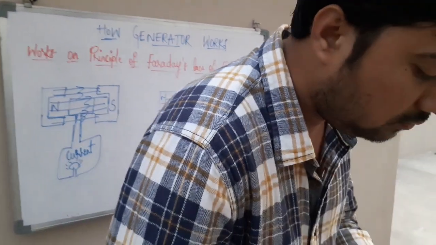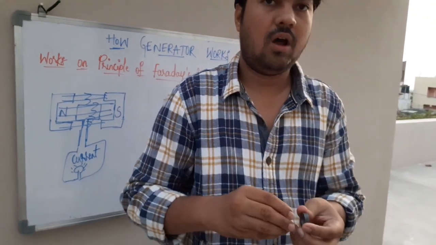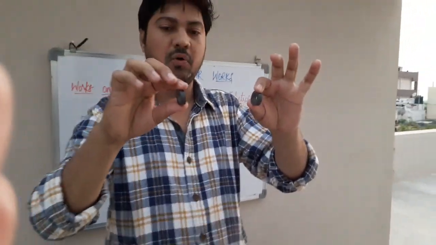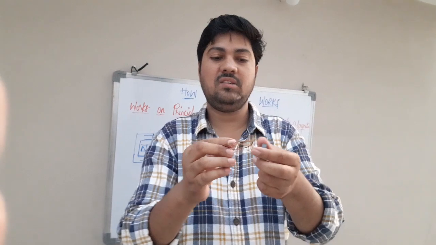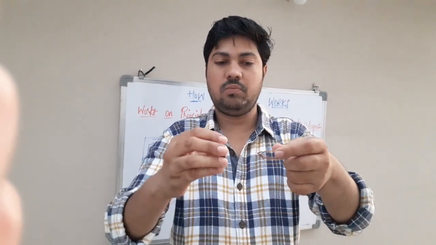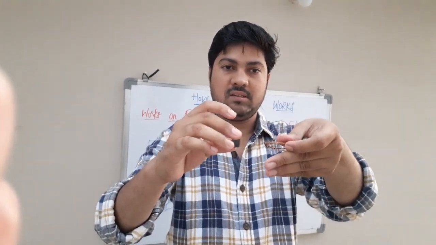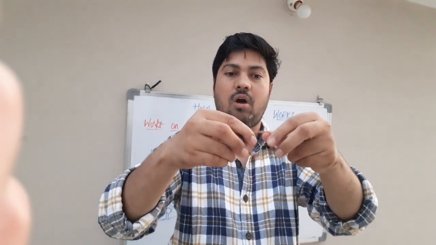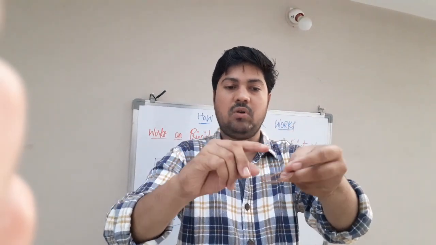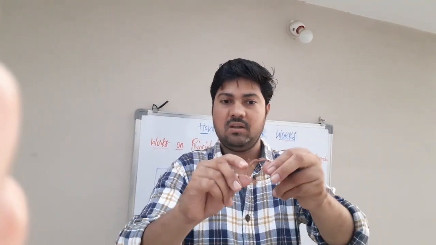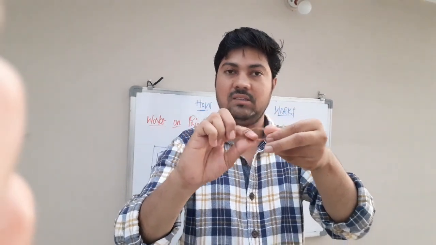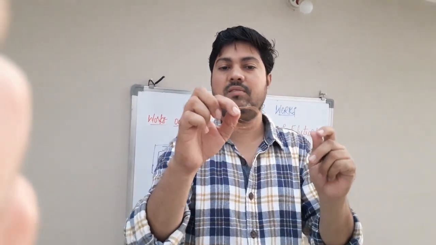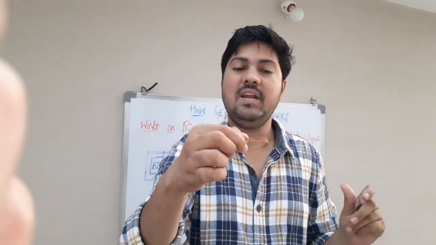Now, between this north pole and south pole, between these two magnets, if you take a copper wire and place it between the north pole and south pole, and rotate this copper wire, and connect this copper wire to a small LED, then definitely the LED will glow.